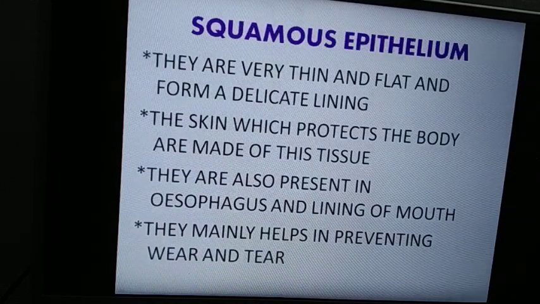Squamous epithelium. They are very thin and flat and form a delicate lining. They are like a flat paper-like structure, a single paper-like structure, and the skin which protects the body is made of this tissue. We all know that skin protects our body, and it is made up of squamous epithelium tissue.